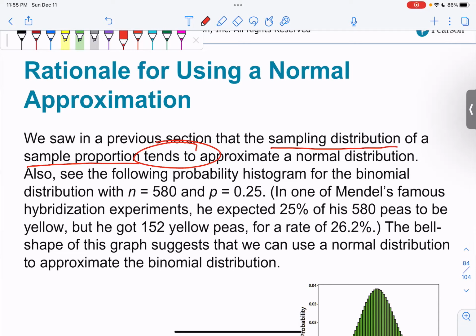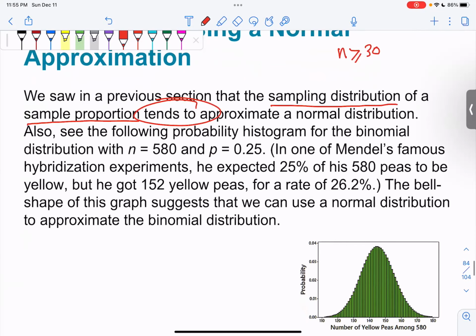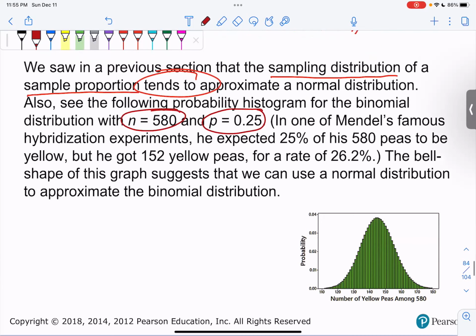We said, okay, if n is greater than or equal to 30, and using the central limit theorem, we can say that the sampling distribution tends to be approximately normal, a distribution really close to normal. So here, our sample size is n equal to 580, and p, the probability of success, equals 0.25. And if you look at the sampling distribution, it is really close to the normal distribution, right?